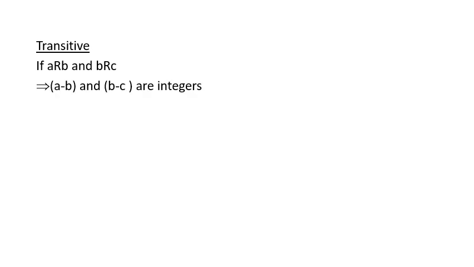Okay, so this also we can generalize and write. That is, if a is related to b and b is related to c, that means a minus b and b minus c are integers. Then a minus b plus b minus c gives a minus c, which is also an integer.